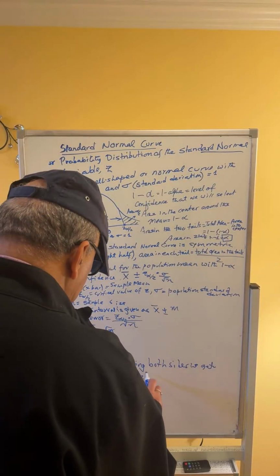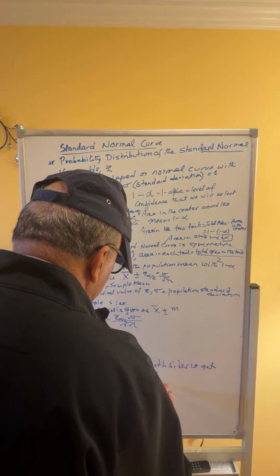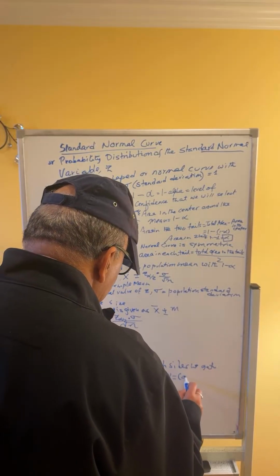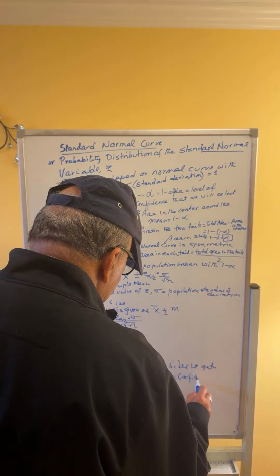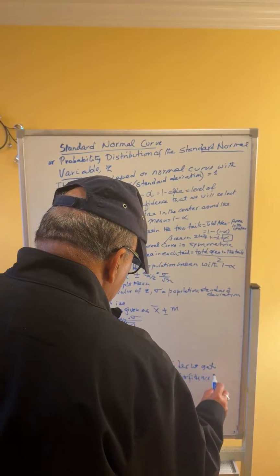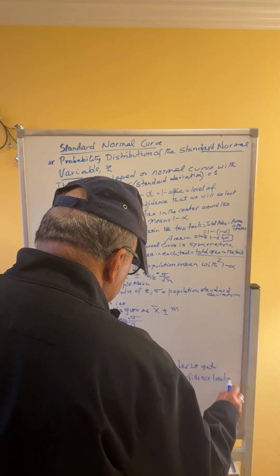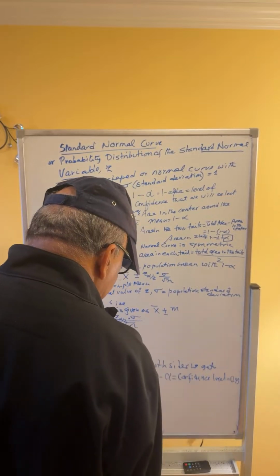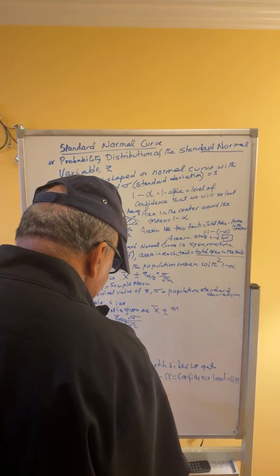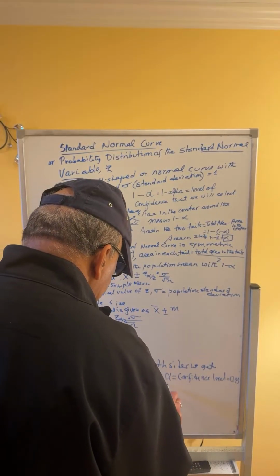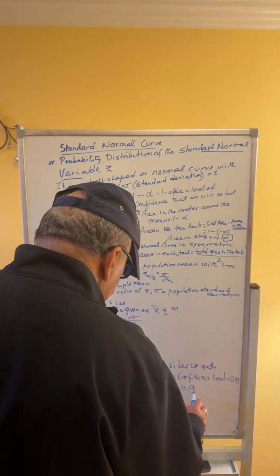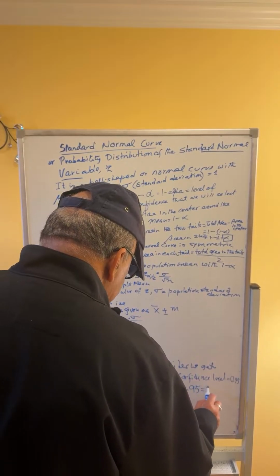Let 1 minus alpha, the confidence level, be 0.95. In other words, alpha is equal to 1 minus 0.95, which is 0.05.